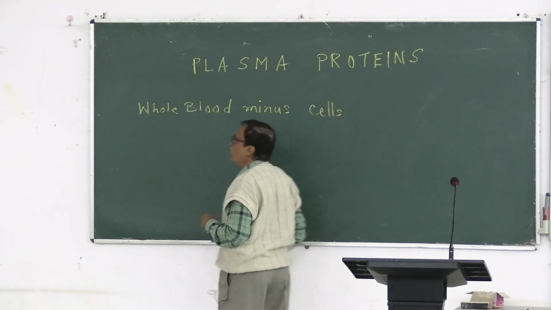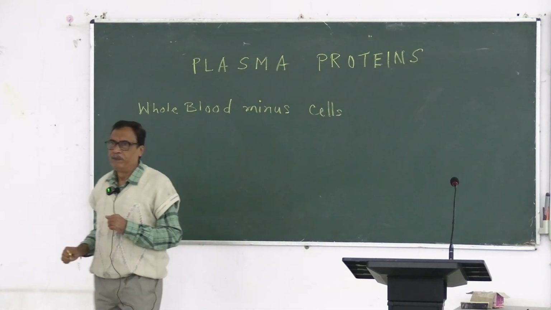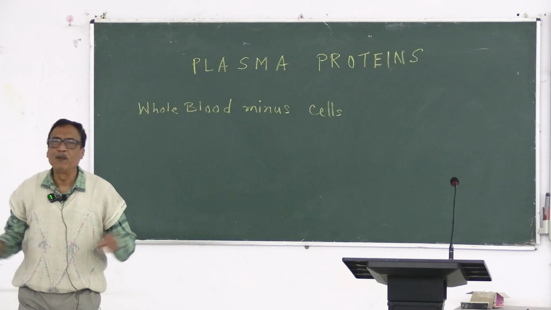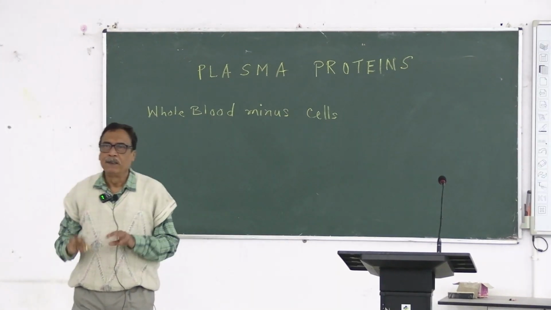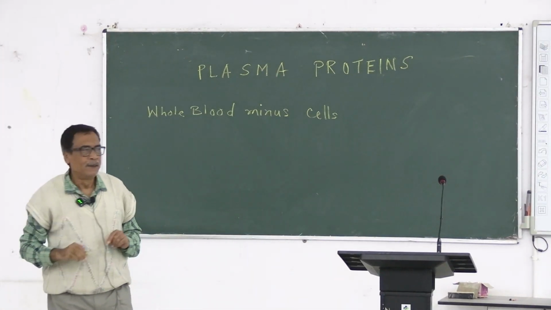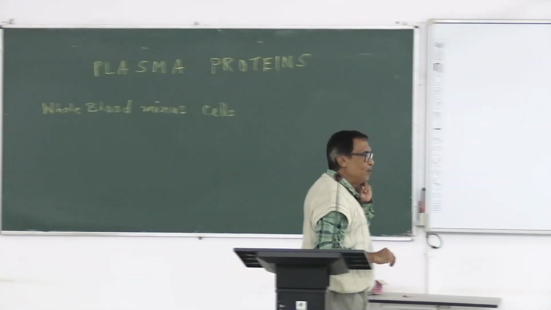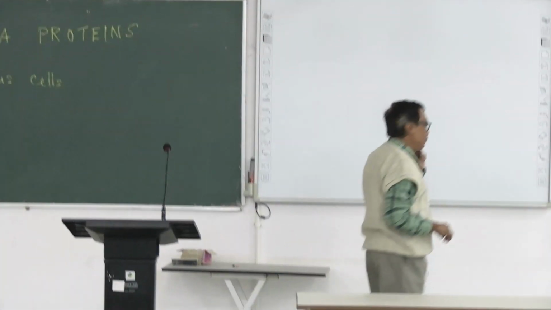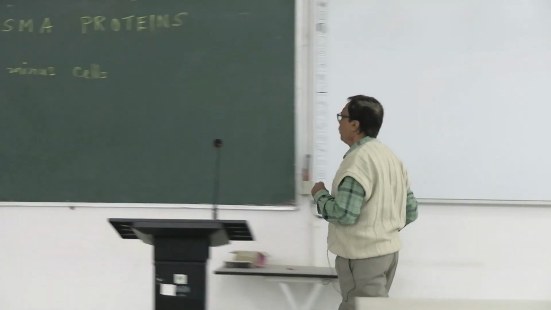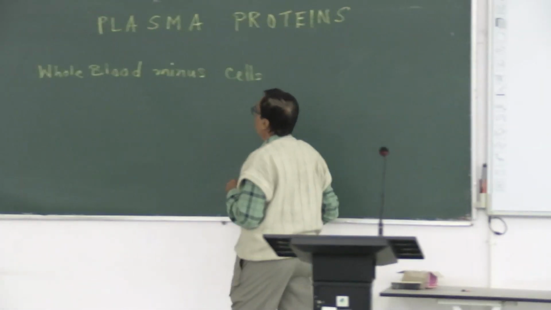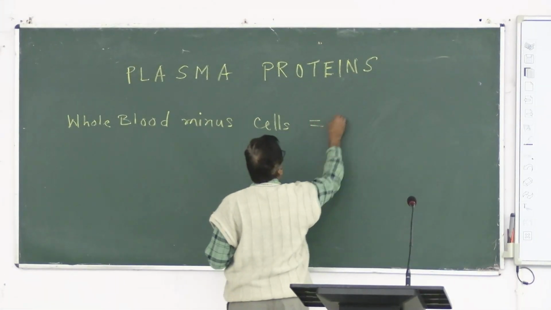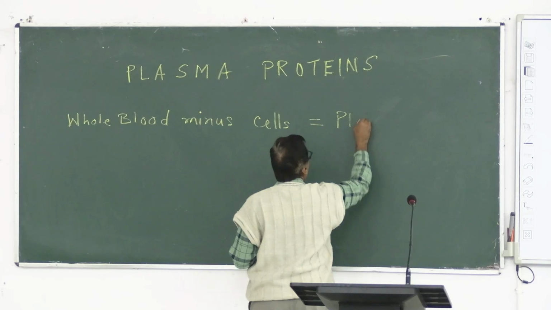Cells means RBC, WBC. Apart from the cellular component, there is a fluid compartment. The fluid component of blood is known as plasma.